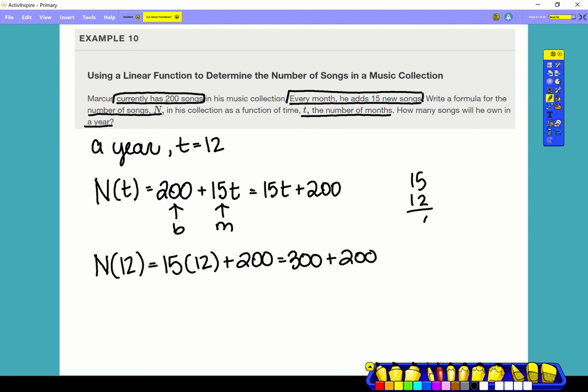I did that one in my head. Oh no, I was wrong. 180. Okay. So 180 plus 200 is 380. So that's how many songs he'll have in a year.